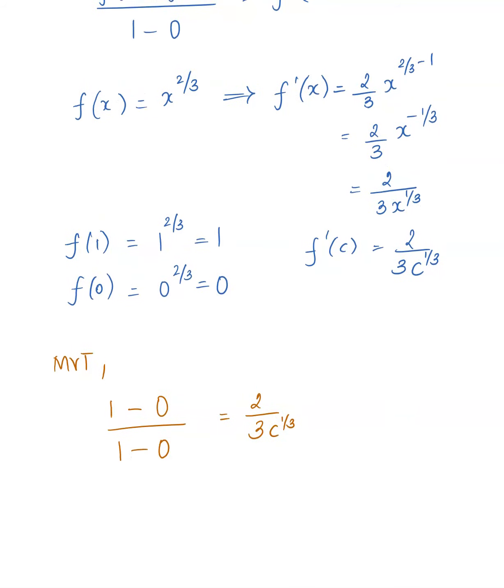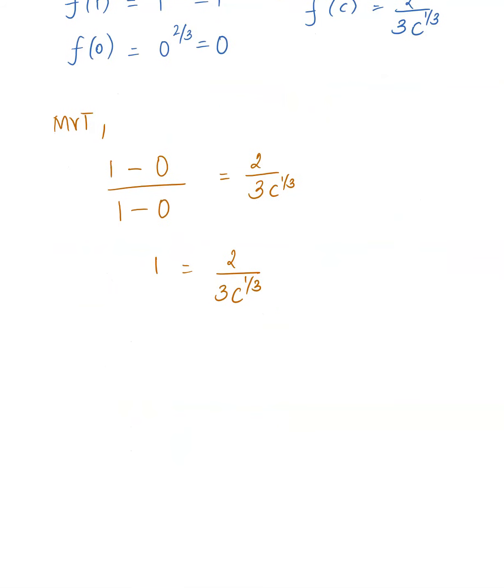You're setting these two equal to each other. So that's basically 1 equals 2 over 3 c power 1 over 3, and if we solve for c, we will get the values which satisfy the MVT. So 3c power 1 over 3 equals 2. c power 1 over 3 is 2 over 3.